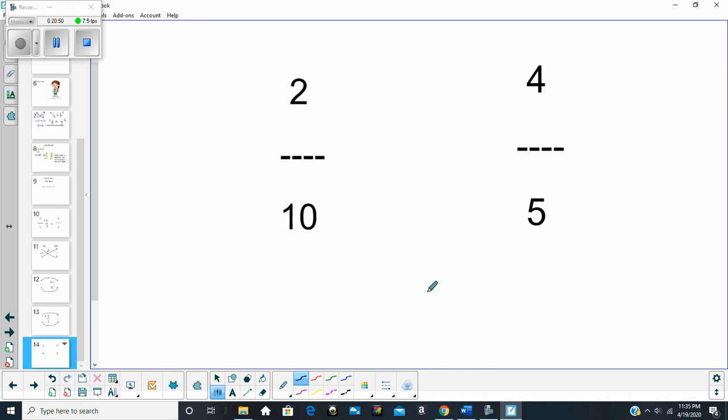Okay, finally, you guys, we have 2/10 and 4/5. Okay, I see no one is standing. Sophie, can you please come show us how you decided that 2/10 is not equal to 4/5?